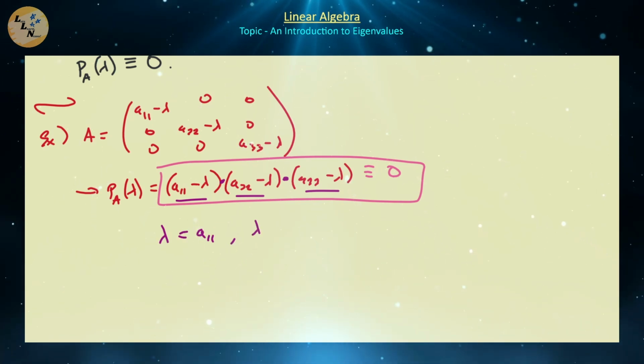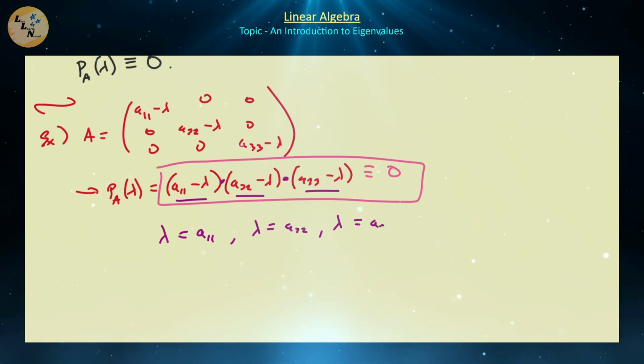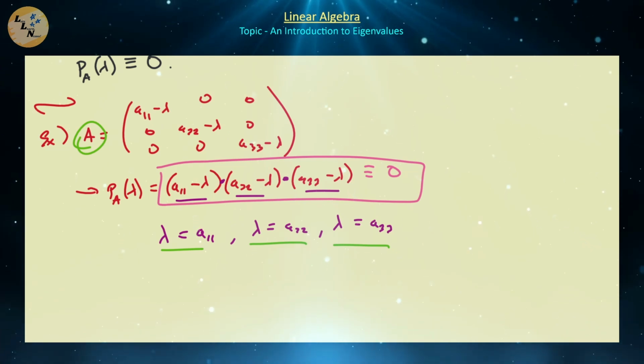The second term gives us lambda is equal to A22, and the third term gives us lambda is equal to A33. Therefore, this matrix A has three eigenvalues, A11, A22, and A33, which are just the diagonal entries of A. Right, so that would be A, and A minus lambda would be the minus lambdas across the diagonal.